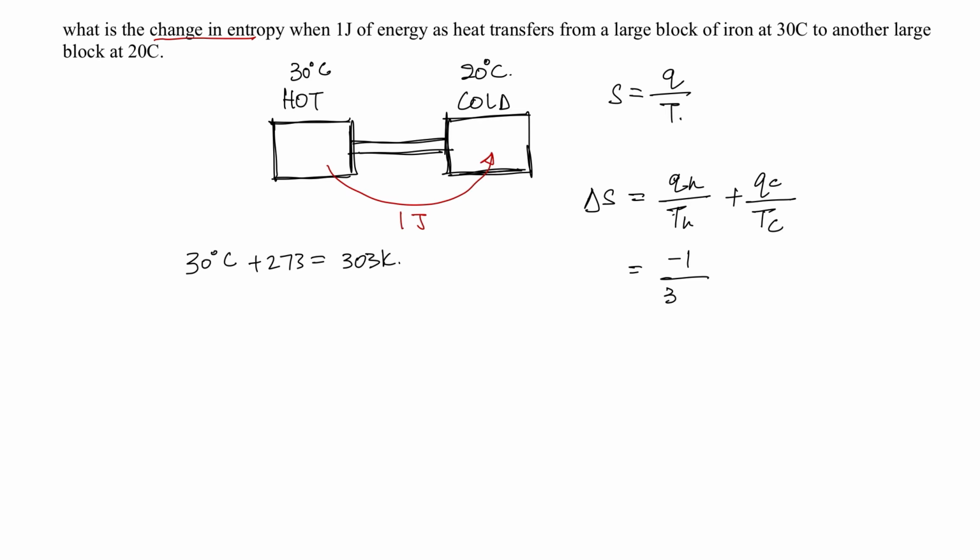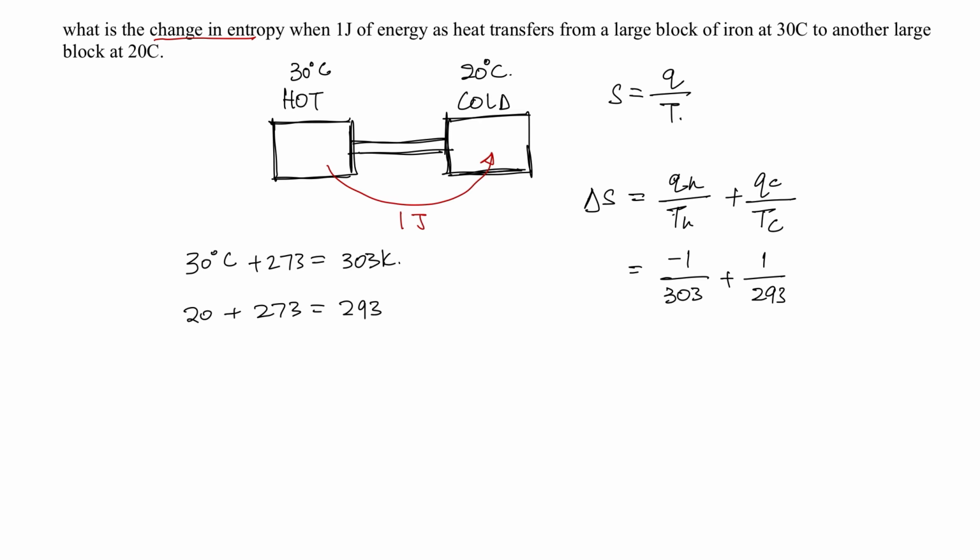So that's going to be -1 over 303, plus the cold block is gaining that joule of energy. So it's going to be +1 divided by the temperature, which is 20 plus 273, which is equal to 293.